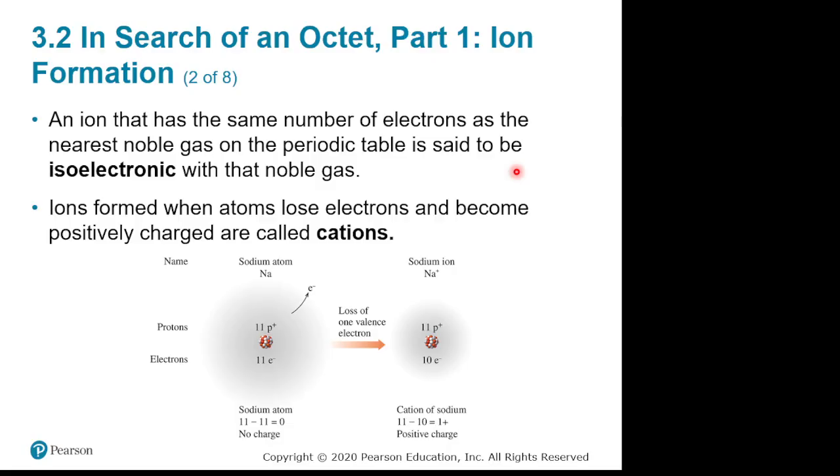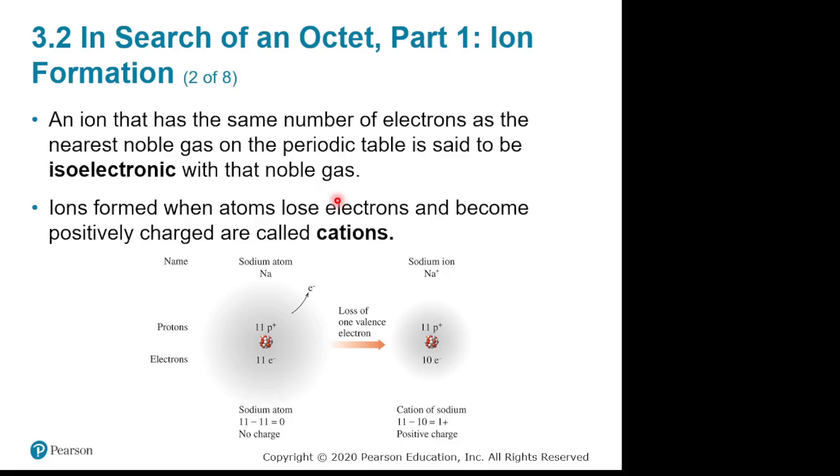I'm sure that's the same root word. But iso means, like, isotonic means same concentrations. Isoelectronic means same number of electrons. And so isoelectronic to a noble gas would mean it has the same electron configuration as a noble gas, the same number of electrons in that outer shell.